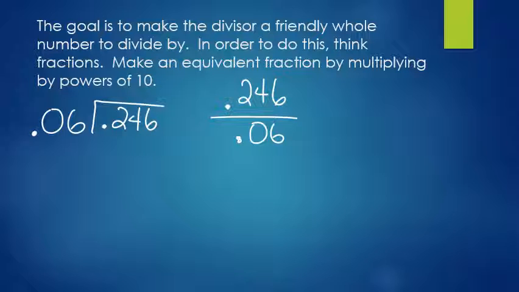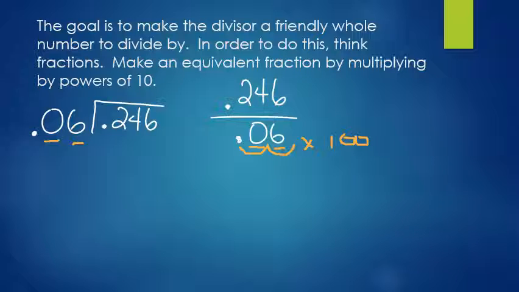The goal is to make your divisor that friendly number that's a whole number to divide by. But sometimes you'll see that your divisor is in the hundredths. That means in order to get that decimal shifting to the right, 2 powers of 10 to make it a whole number. So I'm going to multiply that by 2 powers of 10, which is 100.